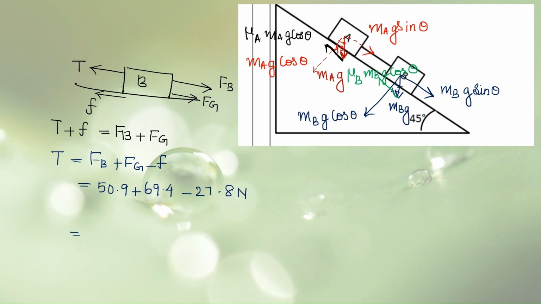If you subtract that, you will get 92.5 Newton as the tension in the bar. Okay, and if I am considering the tension in the bar like this, and it is acting like this, the bar will be subjected to compression. So the nature of force is compression.